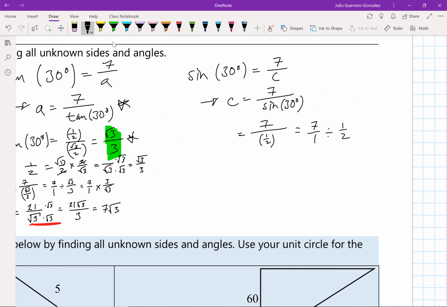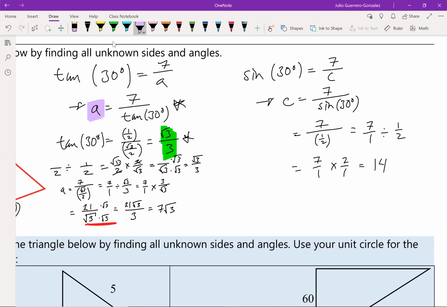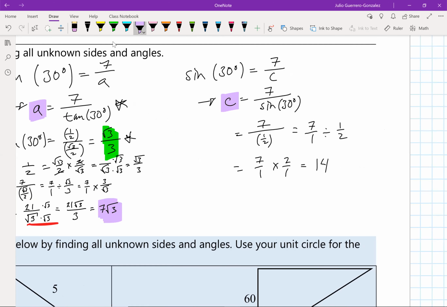So we've done a bunch of stuff here, right? This one ended up being very difficult. Just tedious, actually, more than anything. So A is equal to 7 over tan 30, and all of that reduced down to 7 root 3. And same thing here, C reduced down to 14.